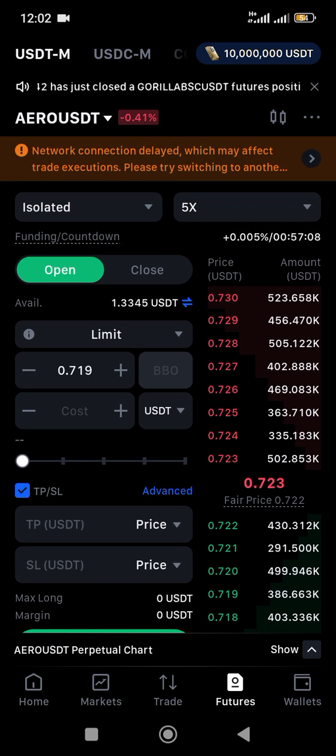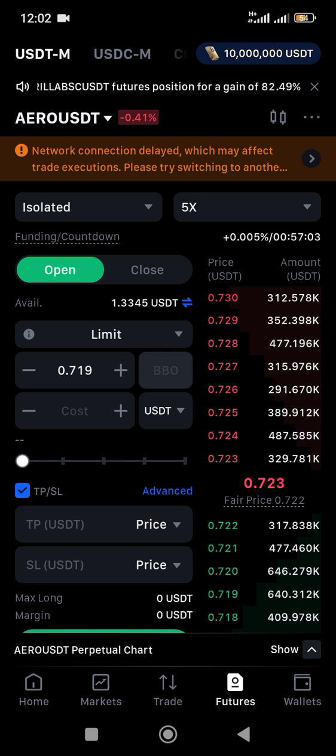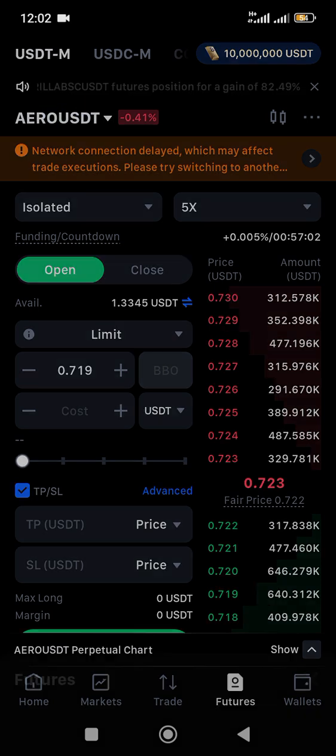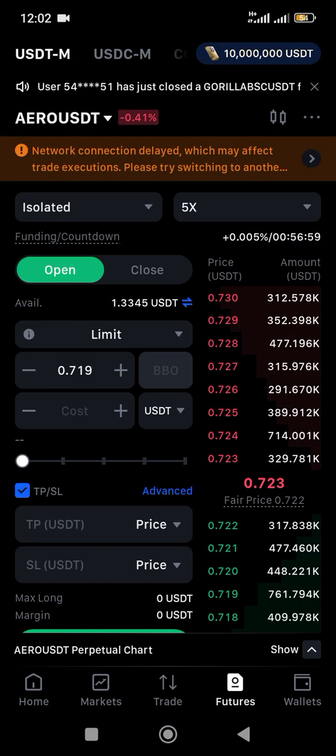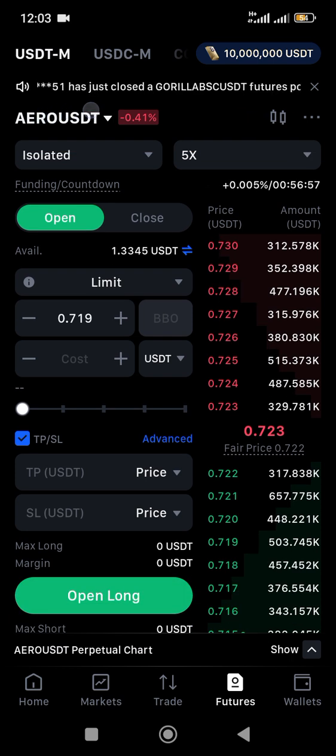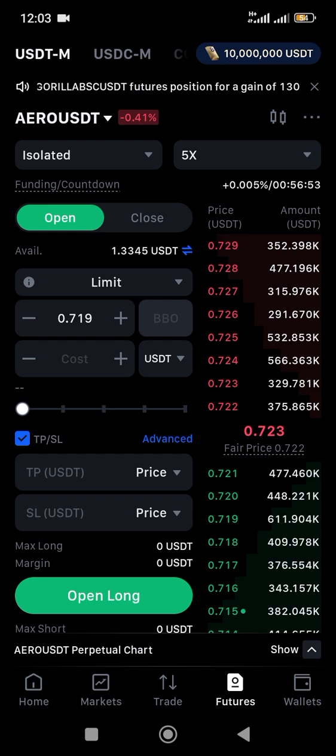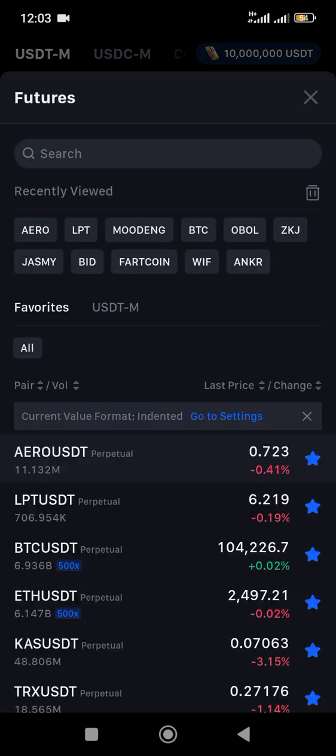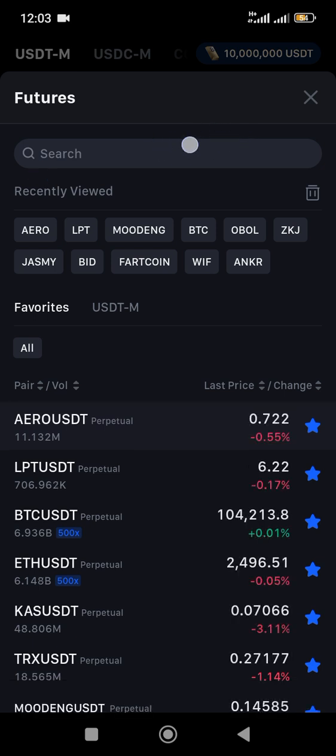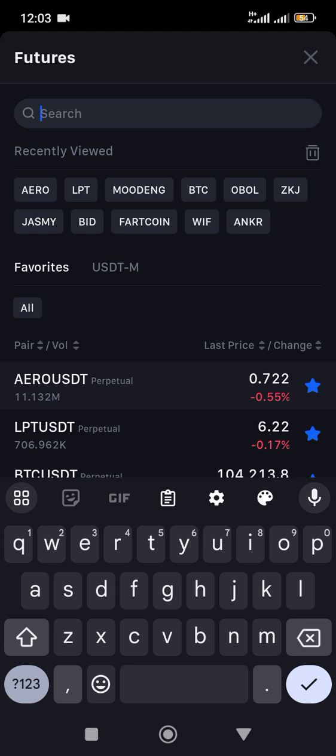Alright, so for you to trade any token on futures, the first thing you're going to do is to look right here where you see a trading pair. Like in this place, you will see ETH USDT. Once you click on it, you will be able to search for the particular trading pair you want to trade. Let's assume you want to trade fat coin.